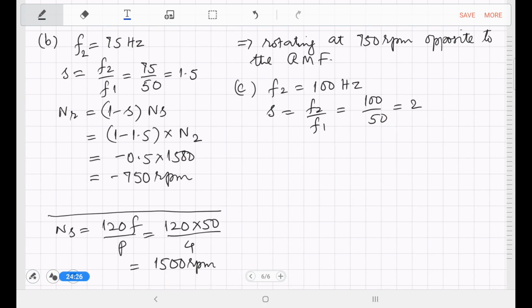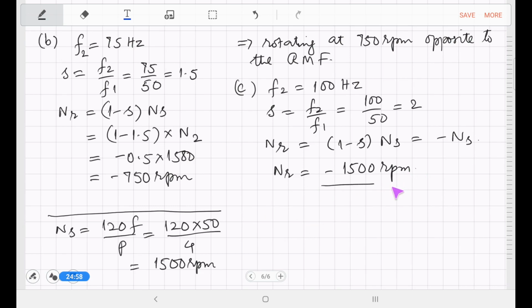Therefore Nr will be equal to (1 minus S) times Ns, which in this case comes out to be equal to minus Ns, so Nr will be equal to minus 1500 RPM. Therefore the rotor will be rotating at a speed of 1500 RPM opposite to the rotating magnetic field.